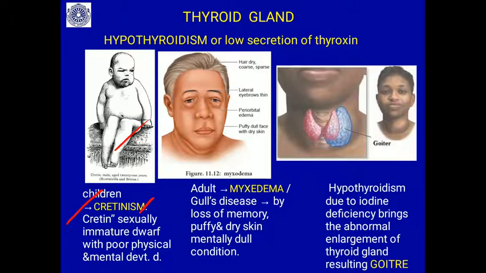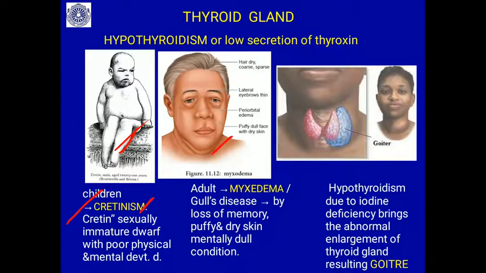But here in hypothyroidism, low secretion of thyroxine during childhood brings abnormal, improper physical and mental growth or development, and the child is also sexually immature. So this child is called a cretin.